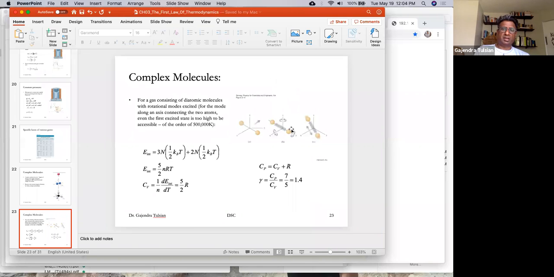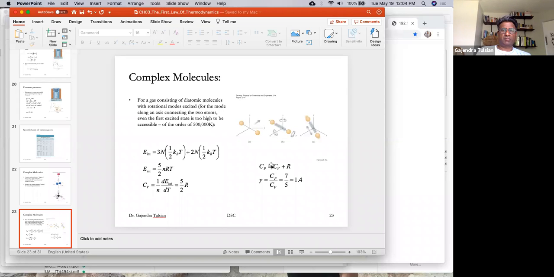It's just that it takes a lot of energy to get the molecule rotating about that axis, so that degree of freedom is essentially not in play. So for a diatomic molecule at normal temperature, you have 5 degrees of freedom, 3 translational and 2 rotational. And so CV is 5/2 R.